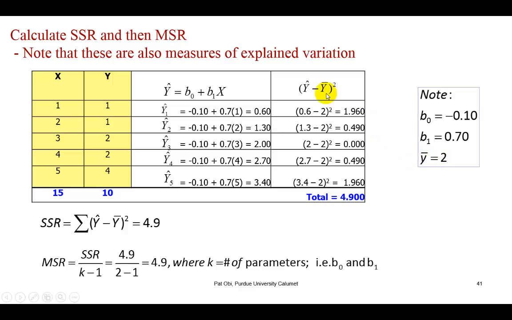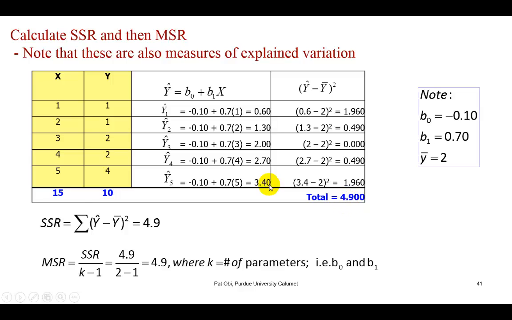And then we want to get y hat minus y bar. So this 0.6 minus 2, square it, you get 1.96. This 1.3 minus 2, squared, would give you 0.49, and the beat goes on, and you get all these values, and then you sum them.